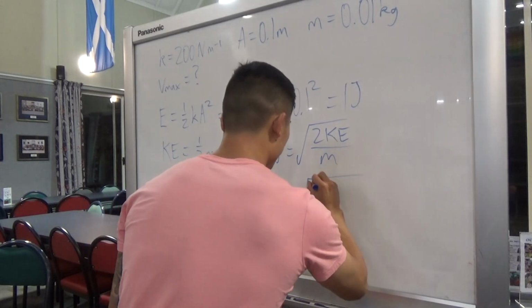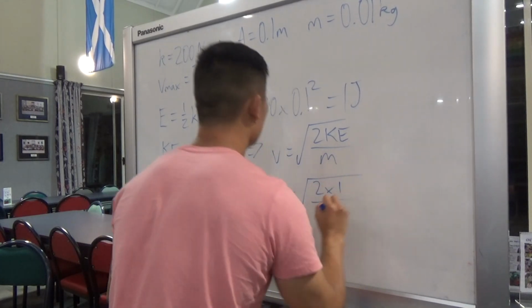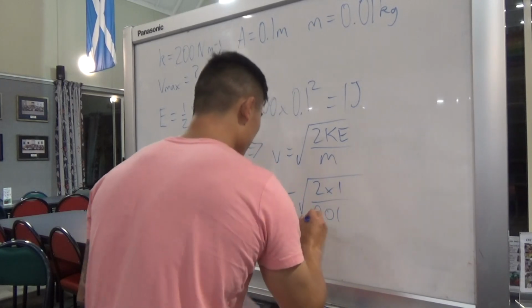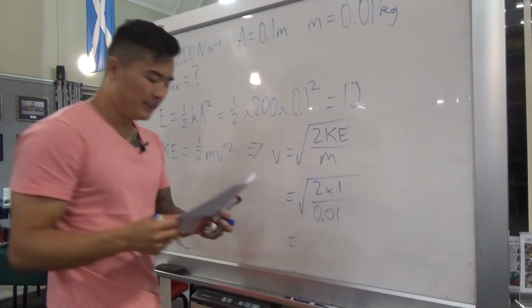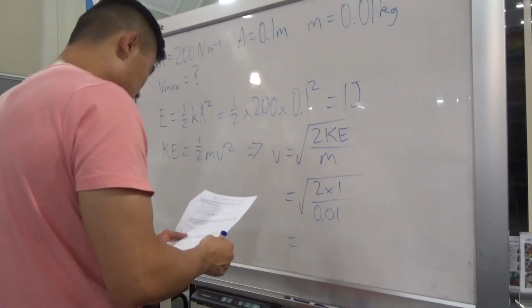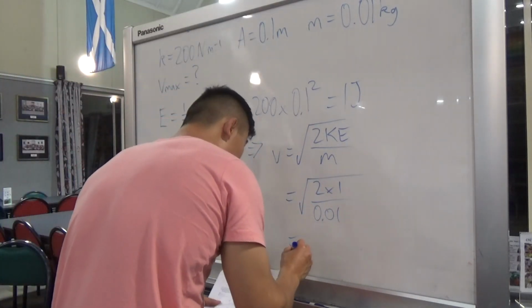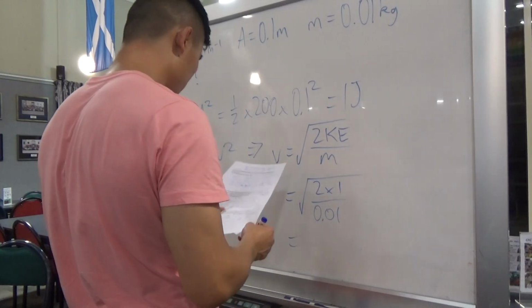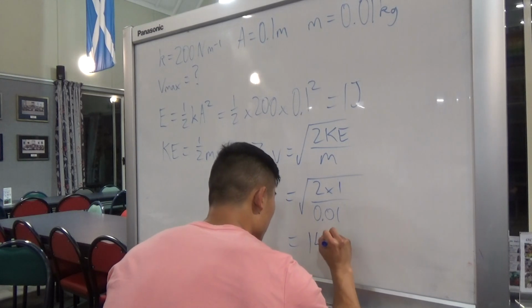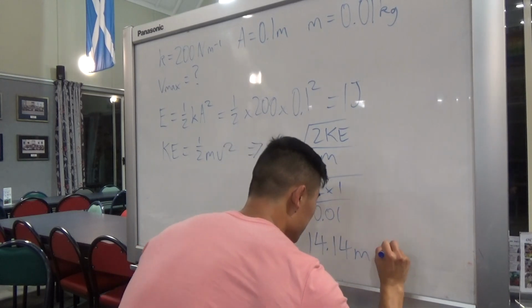So if we substitute our numbers, 2 times 1 over our mass, which is 0.01, we should get an answer of 14.14 meters per second.